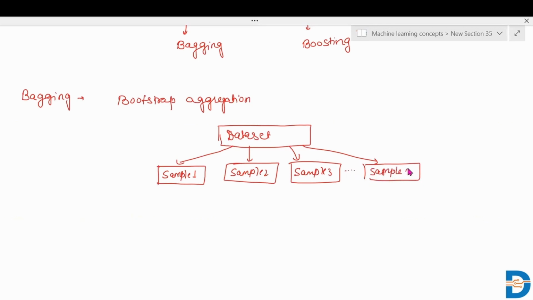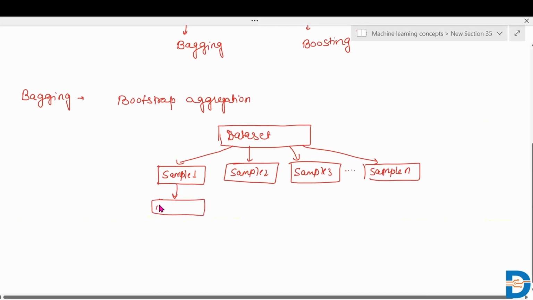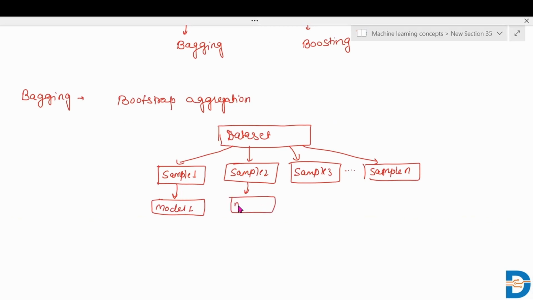Okay, and each sample is fed to a model. So for example, sample 1 is given to model 1, sample 2 is given to model 2, sample 3 is given to model 3, right? And sample n is given to model n.